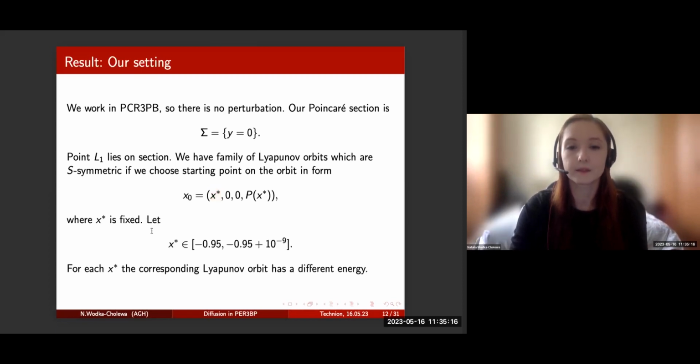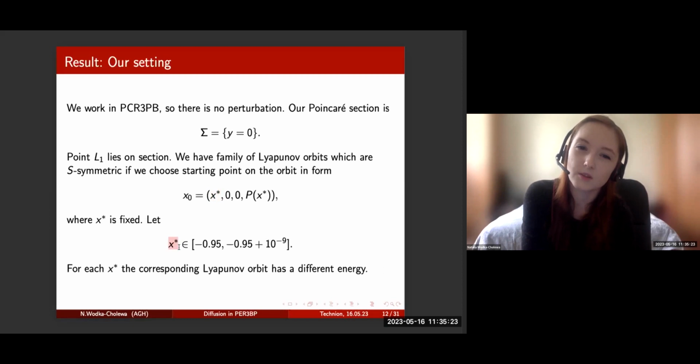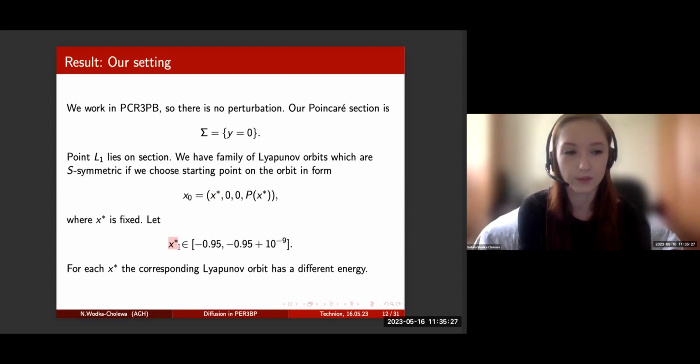Okay, and let us take this value from this narrow interval. It's narrow, but it's not like nothing. I think in real life in cosmic space it's like 1 kilometer or something. So in our system, it's not like we take the values from a small interval and it's nothing, but it still makes a change.